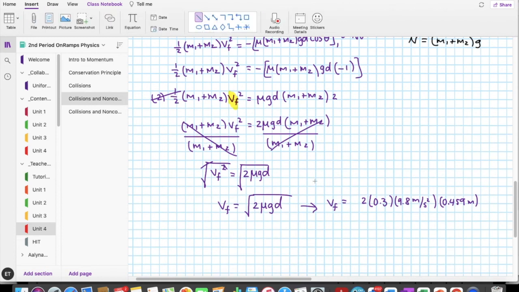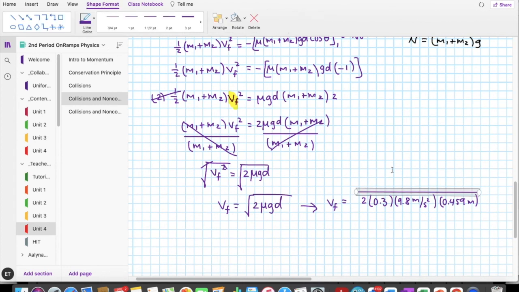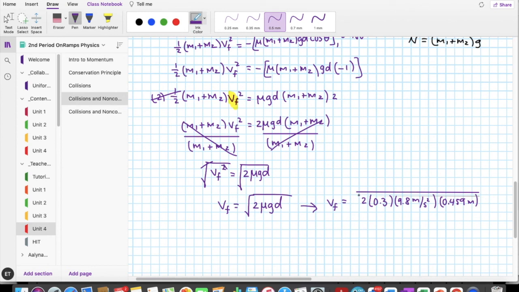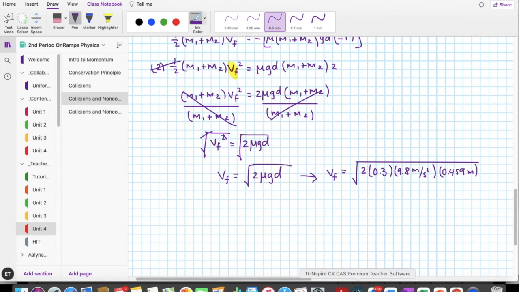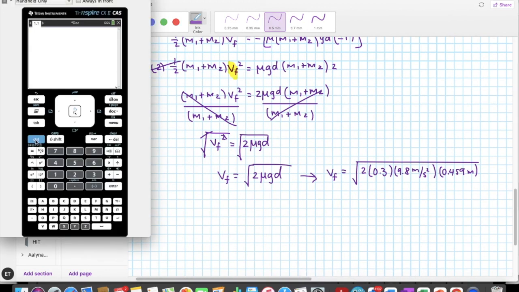Let's try that. We have the square root of 2 times 0.3 times 9.8 times 0.459, and we have 1.64.